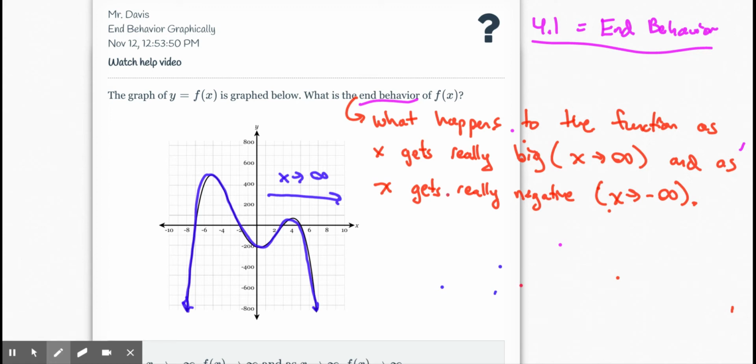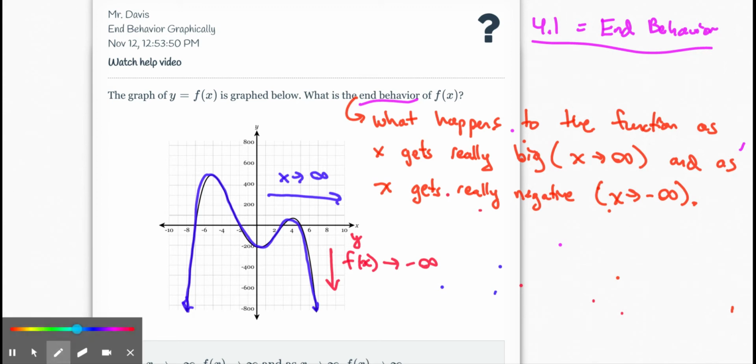And as you can see, as x is going to positive infinity, so we're moving in the positive x direction, the y direction of the function is going down, right? We say f of x, which is the same thing as saying y, is going down to negative infinity. So as x goes to positive infinity, f of x goes down to negative infinity.